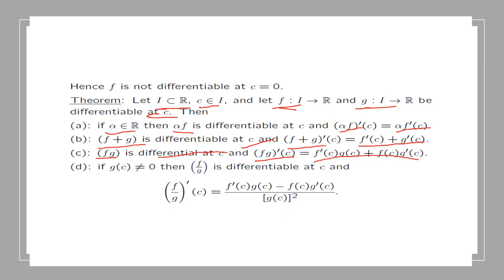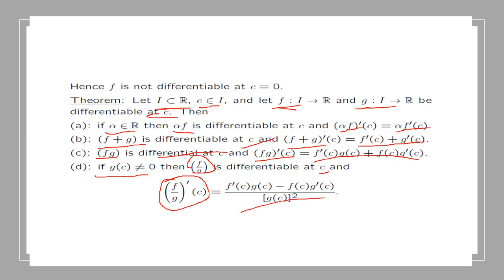And if G is not equal to 0, then the quotient F divided by G is differentiable at C, and the derivative of the quotient at C is given by this one here.